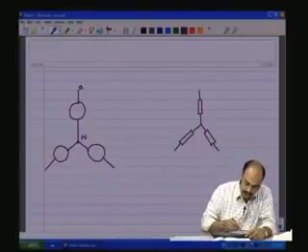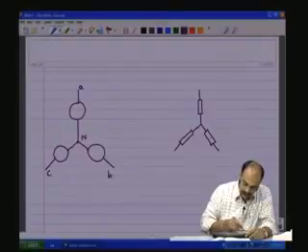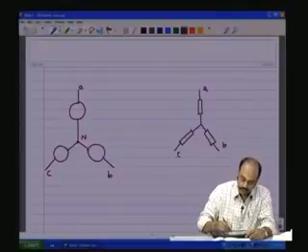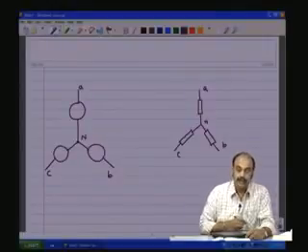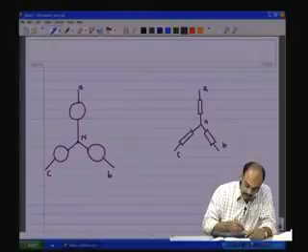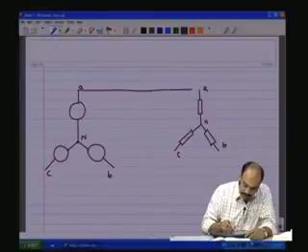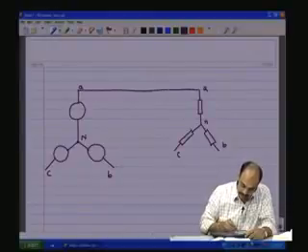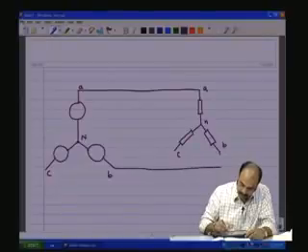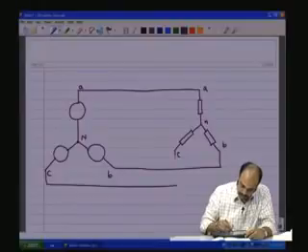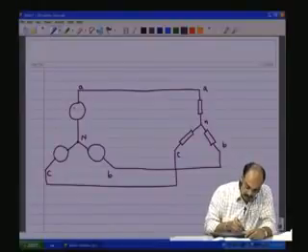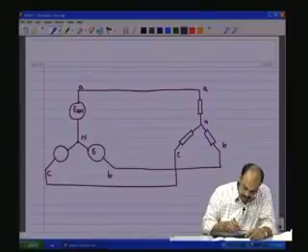Let us say this is A, B and C, and this is also A, B and C, and there is a neutral point N. We connect A to A of the source, B to B, and C to C, source and load. This is EAN, EBN, ECN.